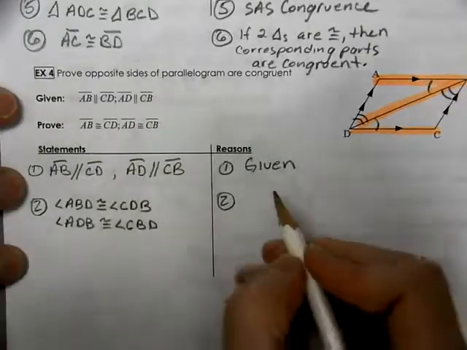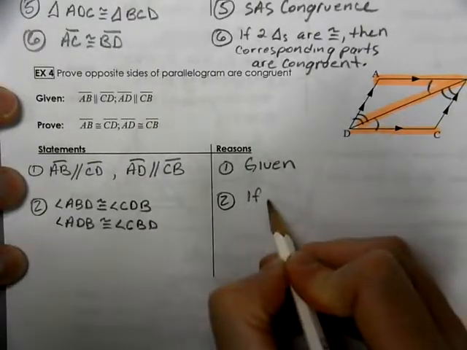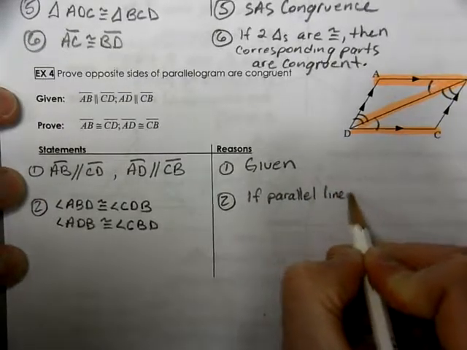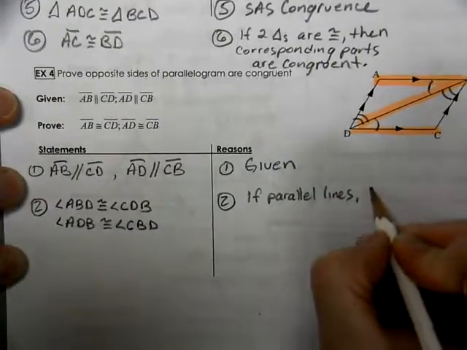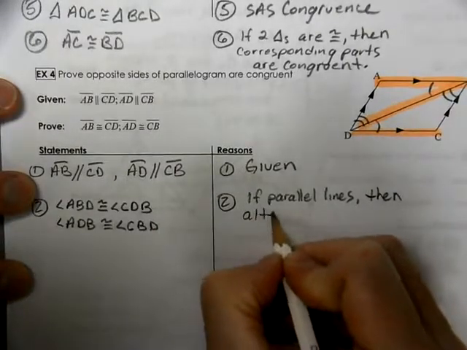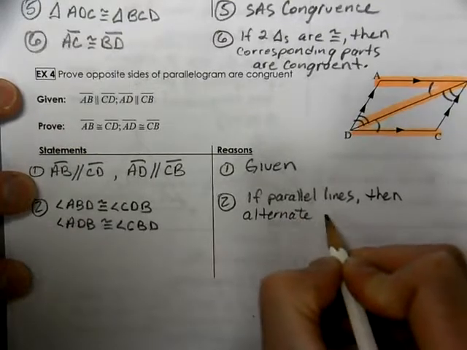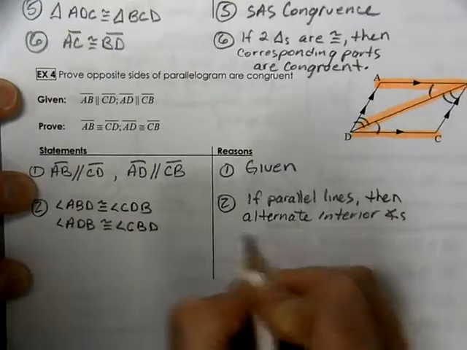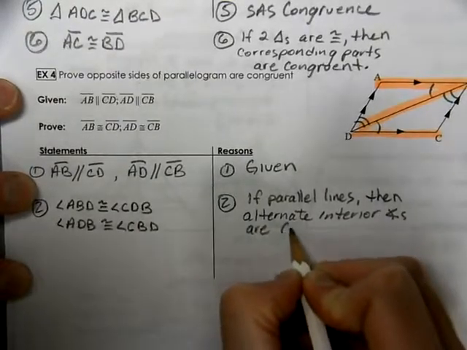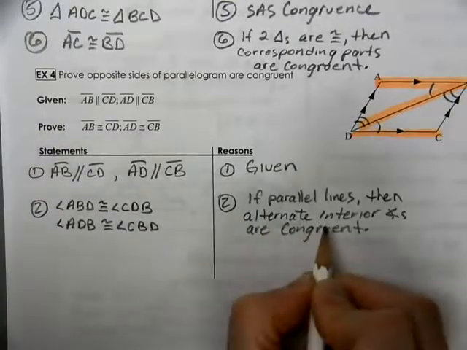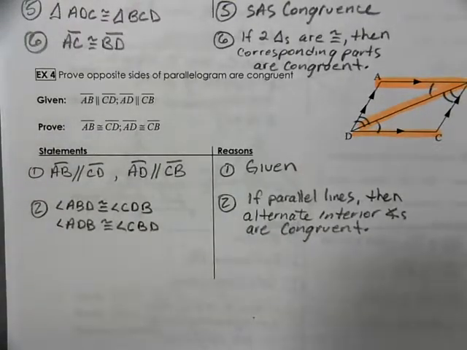Both of these, if parallel lines, that's what we have, then alternate interior angles are congruent. You have to name the angle. Don't just say angles, don't just say congruent, you have to say alternate interior angles.